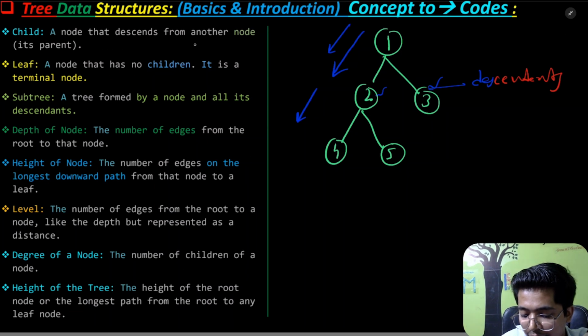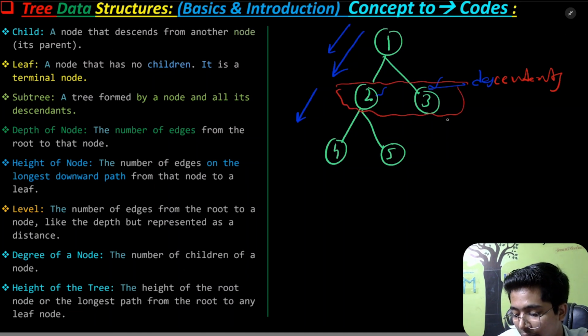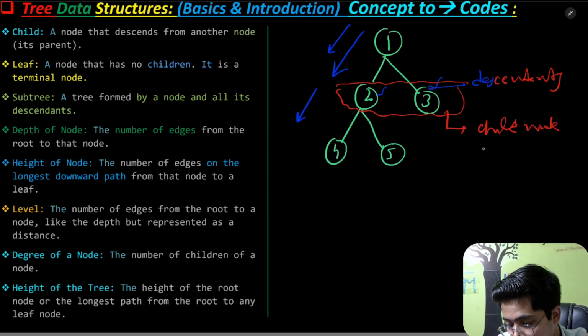So child: a node that descends from another node. 2 and 3 descend from 1, so 2 and 3 are the child nodes of 1.